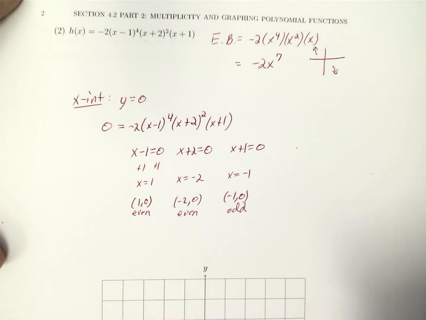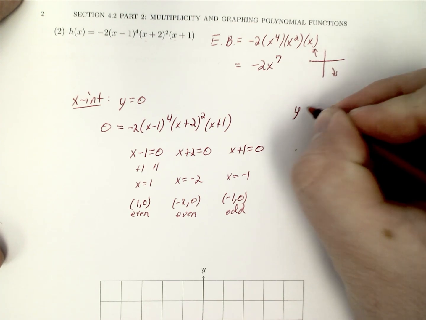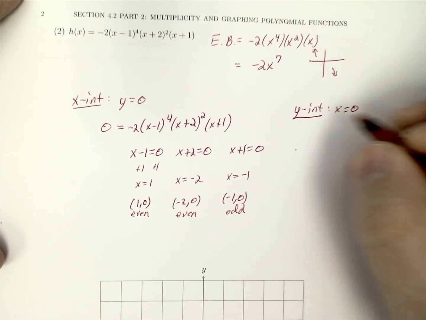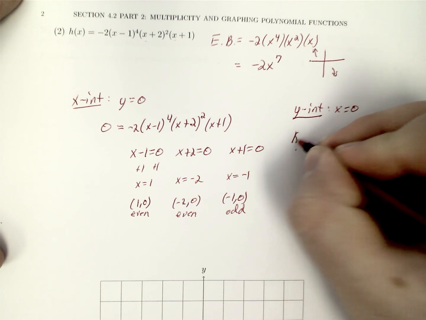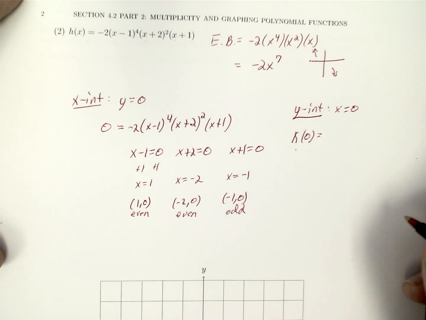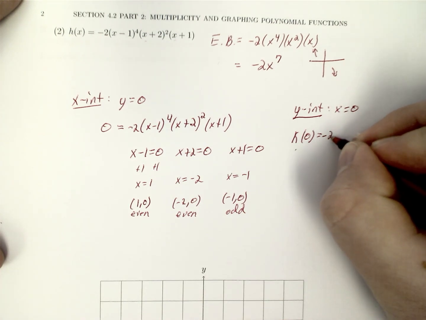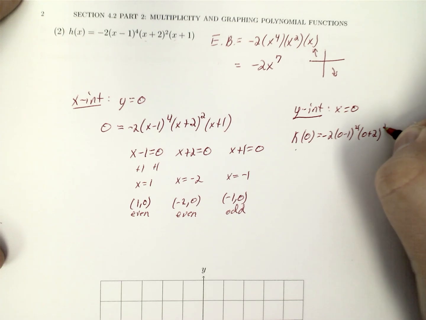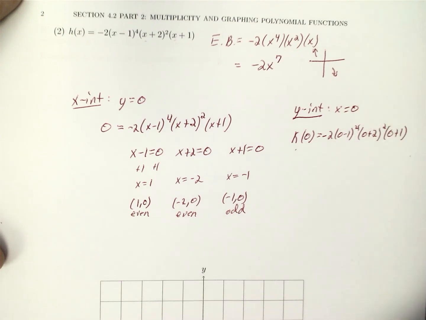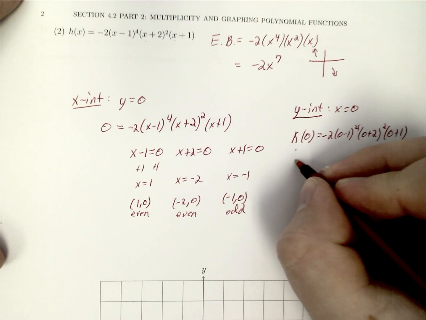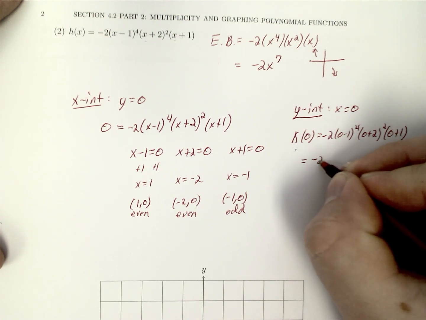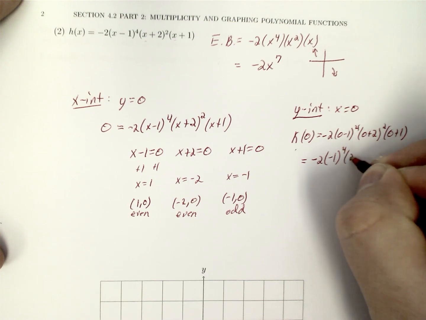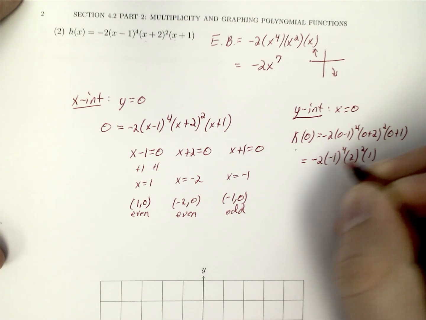We do not have 0, 0 as an x-intercept, so that means we have to manually find the y-intercept. So we plug in x equals 0, and we have h of 0 equals -2 times 0 minus 1 to the 4th, 0 plus 2 squared, 0 plus 1, and we get -2, -1 to the 4th, 2 squared times 1.